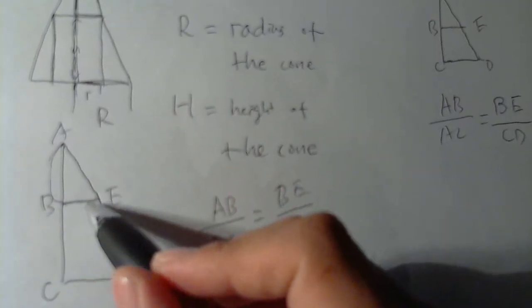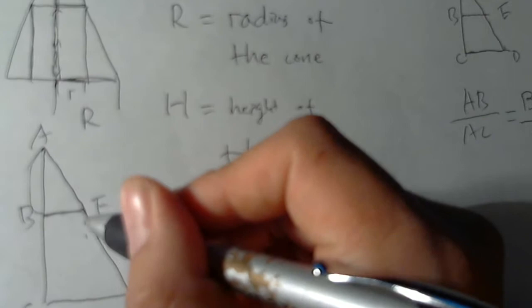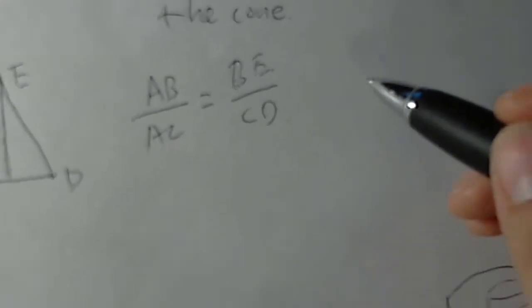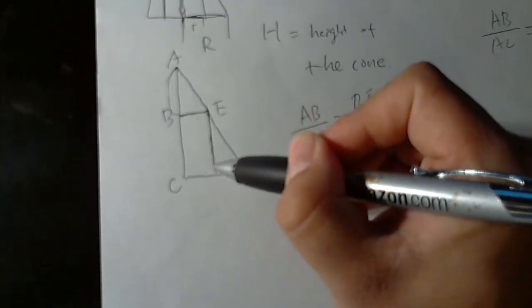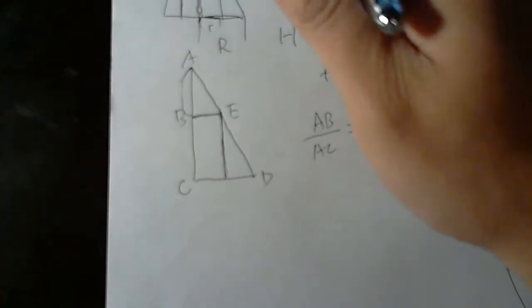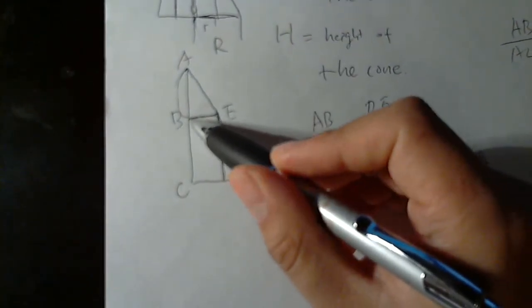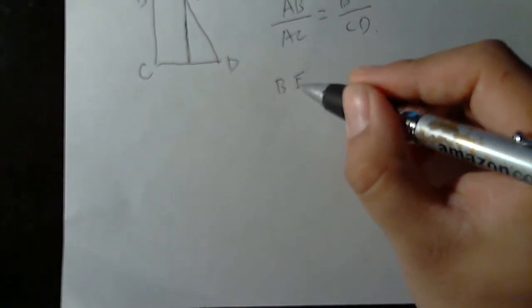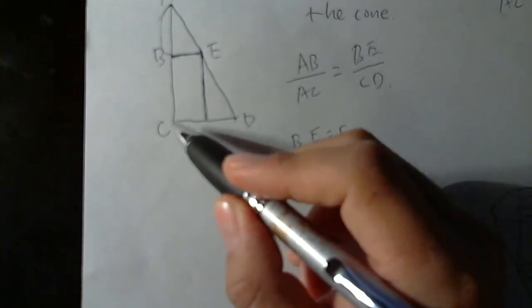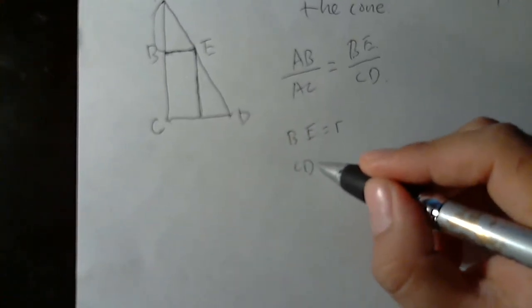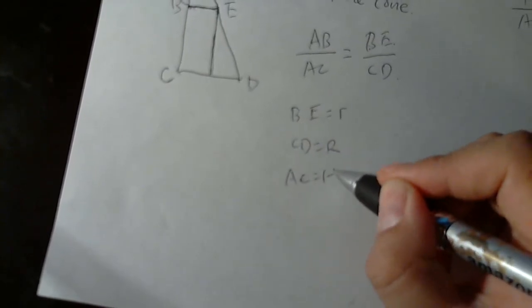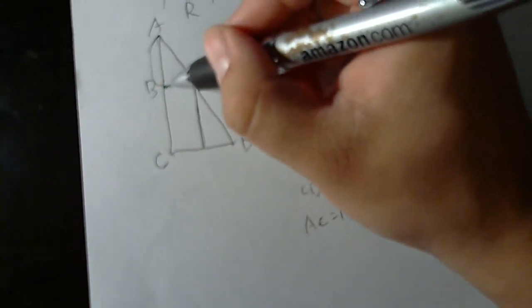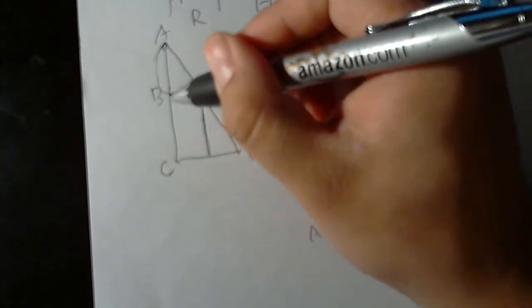BE is just the radius of the cylinder, little r. CD is the radius of the cone, so CD equals capital R. AC is the height of the cone, capital H. What about AB? You can see AB equals AC minus BC.